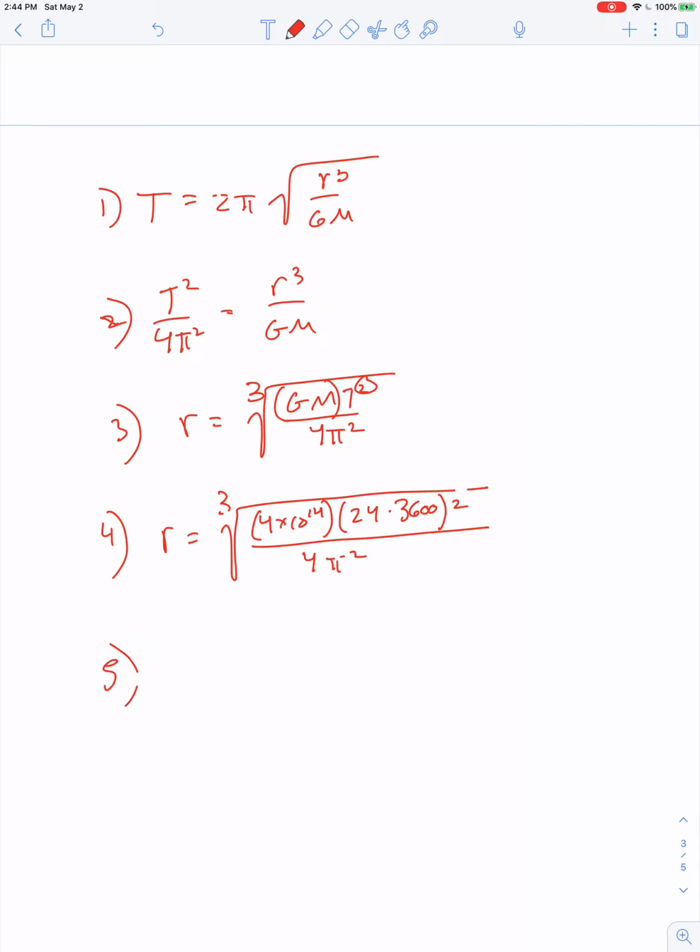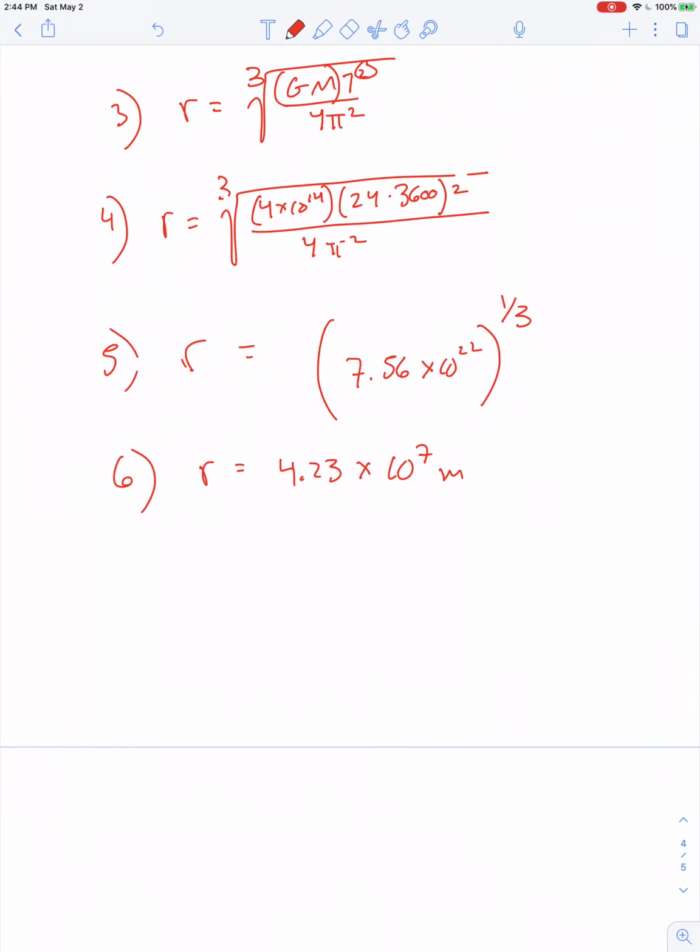So we're talking about taking the cube root of 7.56 times 10 to the 22nd, and this comes out to a value of r equal to 4.23 times 10 to the 7th meters.